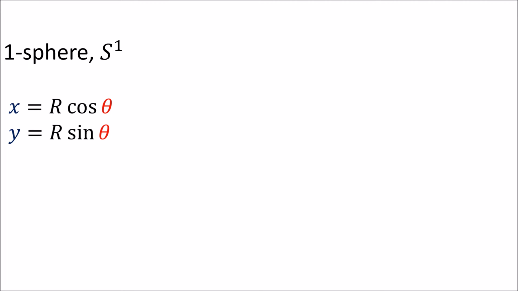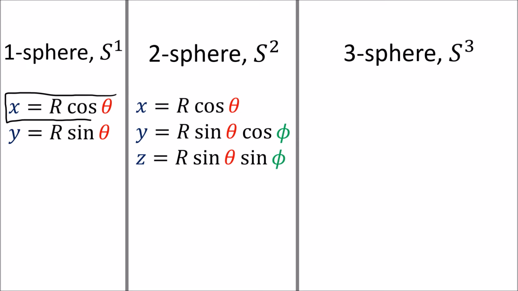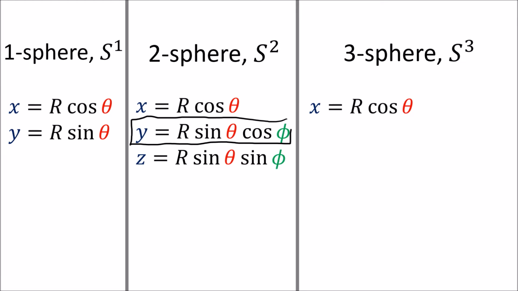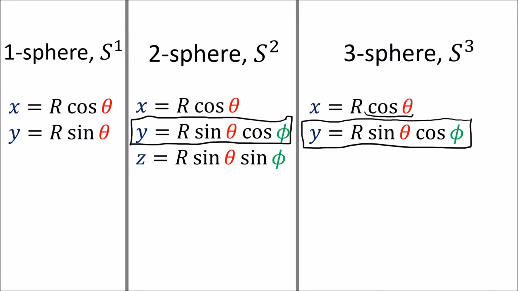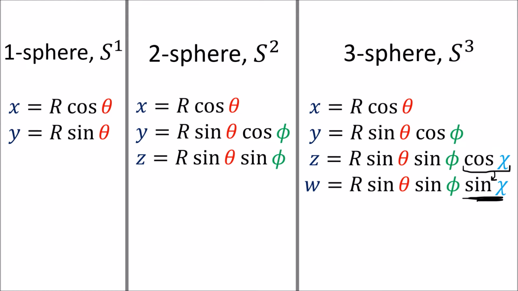To get these, we can follow the pattern for the parameterizations for the one-sphere and two-sphere. The first coordinate is R cosine theta. For the next coordinate, we turn cosine into sine and add cosine phi on the end. For the third coordinate, we turn cosine into sine and add cosine chi on the end. And for the fourth coordinate, we turn cosine into sine.